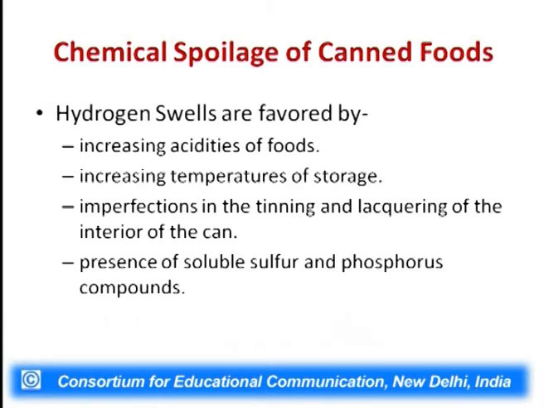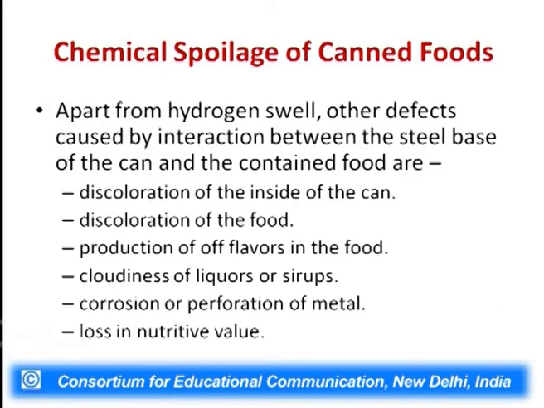Hydrogen swells are favored by increasing acidities of foods, increasing temperatures of storage, imperfections in the tinning and lacquering of the interior of the can, and presence of soluble sulfur and phosphorus compounds.